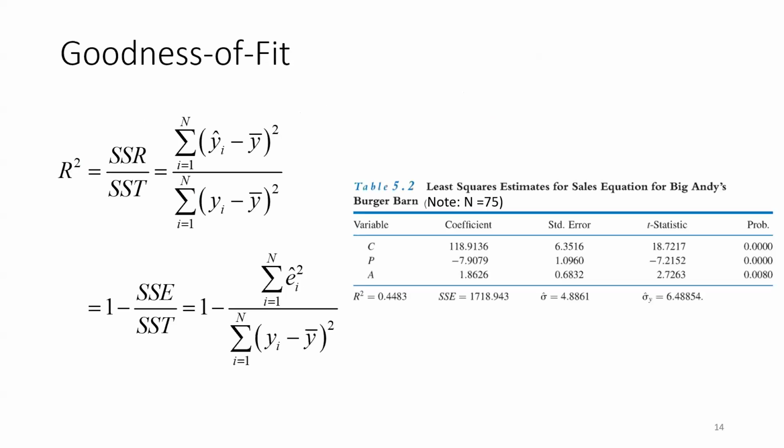Then next, R square. Luckily, same as simple. You can compute R square by SSR over SST or 1 minus SSE over SST. And the interpretation is the same as the simple linear model. It means 44.83% of the data fit the model.